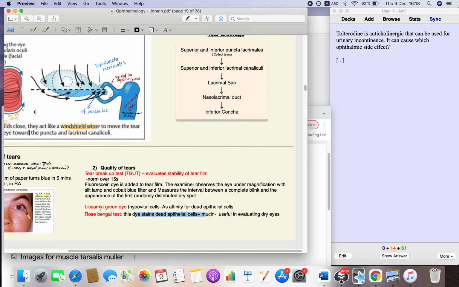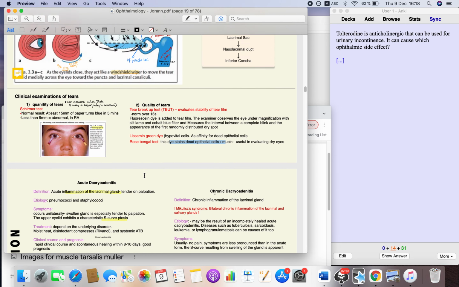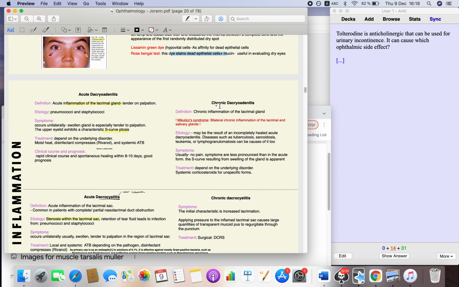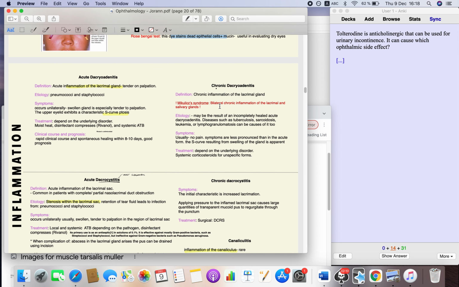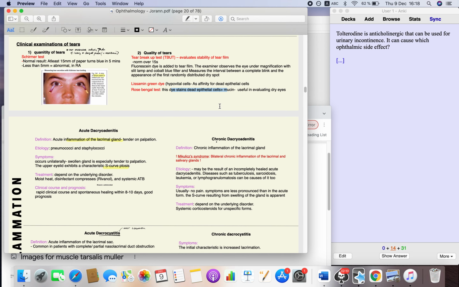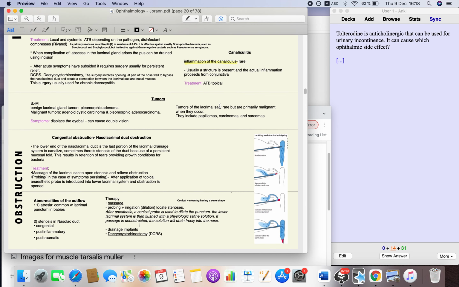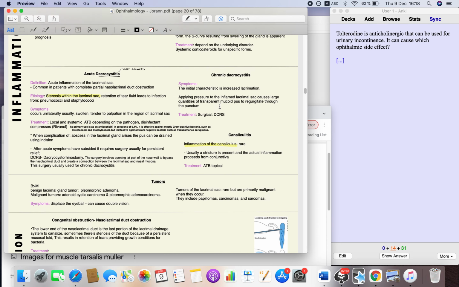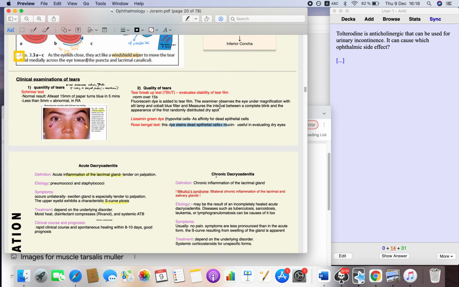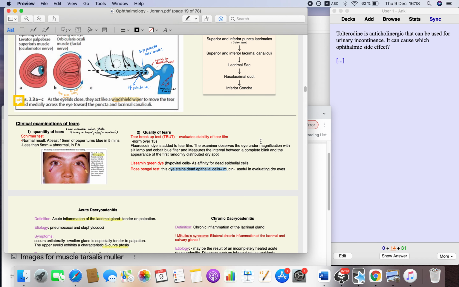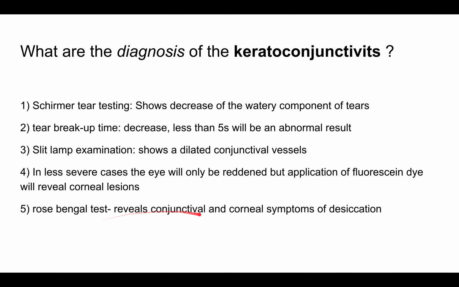Lissamine green dye is going to be there for lacrimal disease, such as acute dacryoadenitis and acute dacryocystitis, and then obviously congenital atresias and whatnot. There can be some sort of probing, irrigation. Lissamine green has an affinity for the dead epithelial cells. Okay, so that's going to be it.